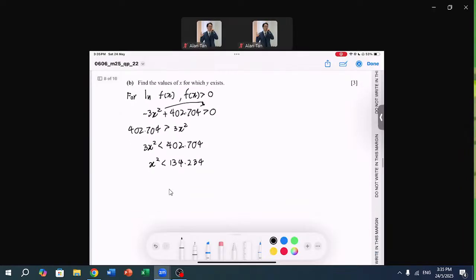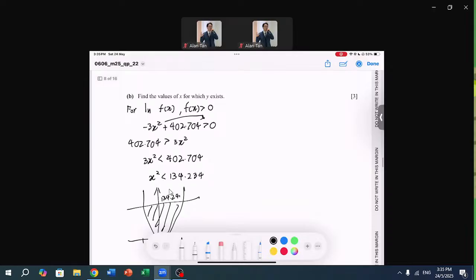So if I were to draw out the graph, it looks something like this, right? x squared must be less than 134.234, meaning there'll be two values of x and it must be in between.